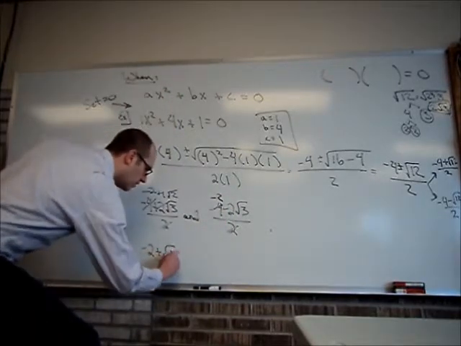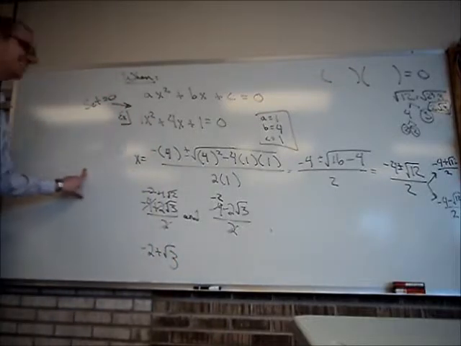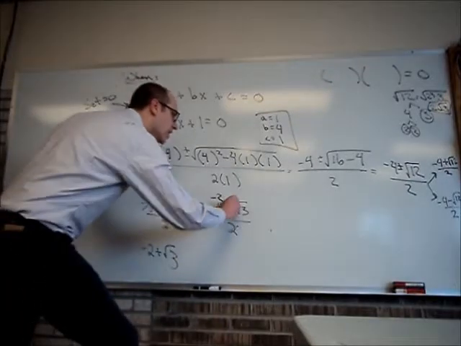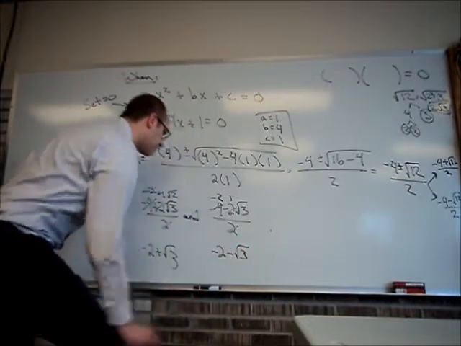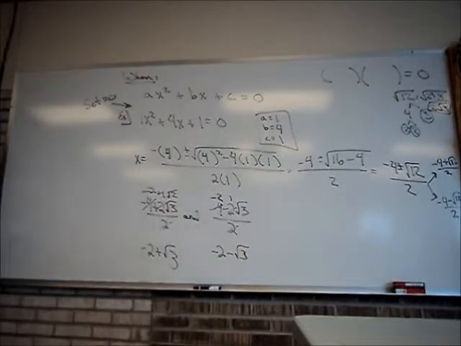Then let me finish the other. Negative 2 minus square root of 3. So that division can happen because we simplified that square root. That's why simplifying the square root is important, because sometimes it allows division to happen. Sometimes it doesn't.